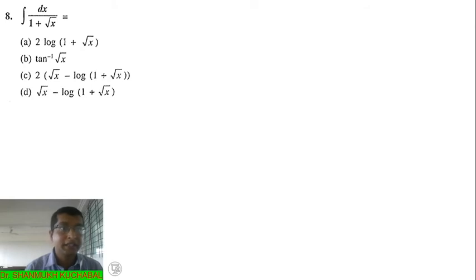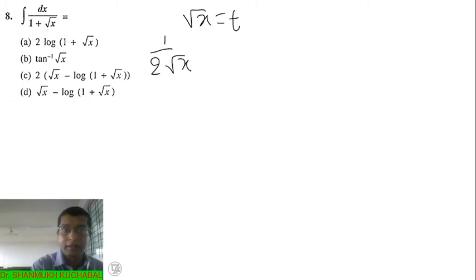So it is the integration of dx divided by 1 plus root x. We use the method of substitution. That is, I take root x as a new variable t. So further we differentiate this one: 1 by 2 root x into dx equals dt. Right, so I write the solution for dx.